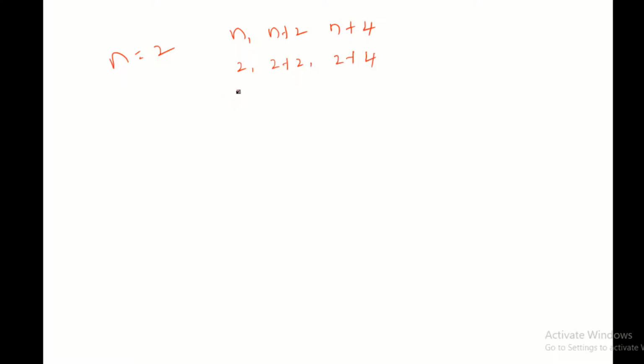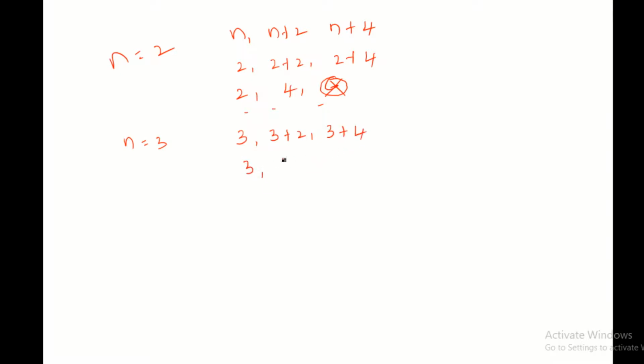So this becomes 2, 4 and 6. Out of these three numbers, only 6 is divisible by 3. Similarly, if I take n equal to 3, then this becomes 3, 3 plus 2, 3 plus 4.